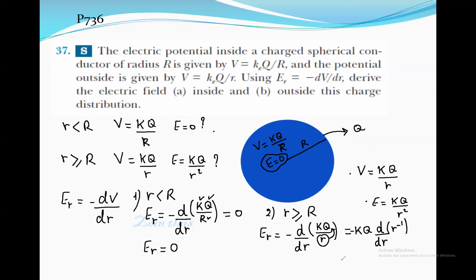Okay, the derivative of a to the power n equals n times a to the power n minus 1. So if you have here 1, 1 times a to the power 1 minus 1, equals 1, because a to the power 0 equals 1.